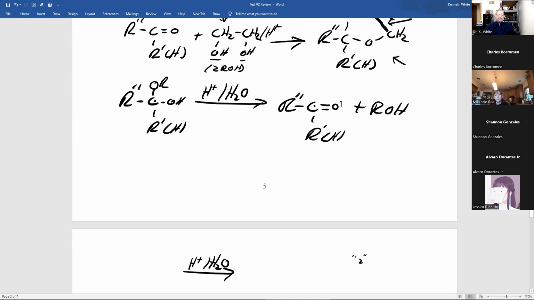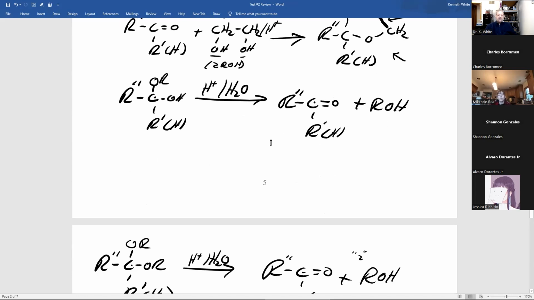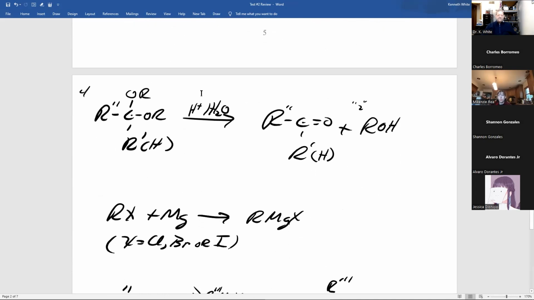Now, once you make the hemiacetal or hemiketal in equations 3 and 4, if you take acid and water, like in your stomach, hemiacetal, hemiketal, you get back to the ketone or the aldehyde plus the alcohol you would have used to make that hemiacetal, hemiketal.